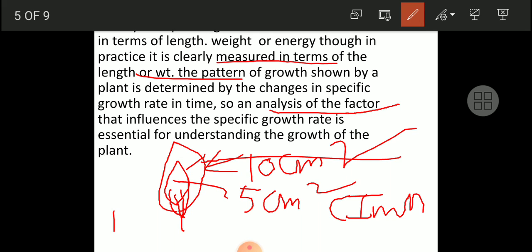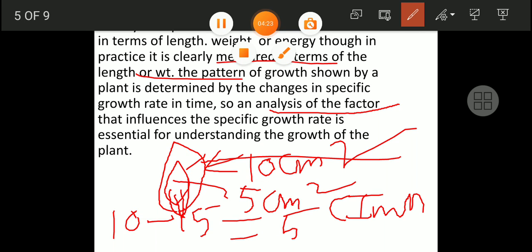So the final size of the leaf is 10 centimeter square minus 5, that is equal to 5. So 5 is the absolute growth of the plant, that you have to keep in mind. Absolute growth we have studied, isn't it?